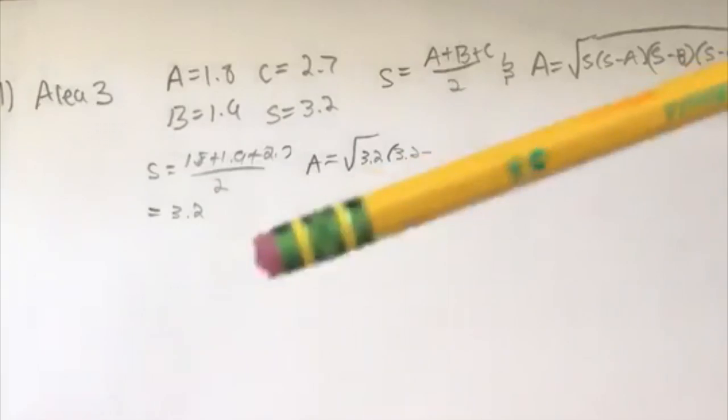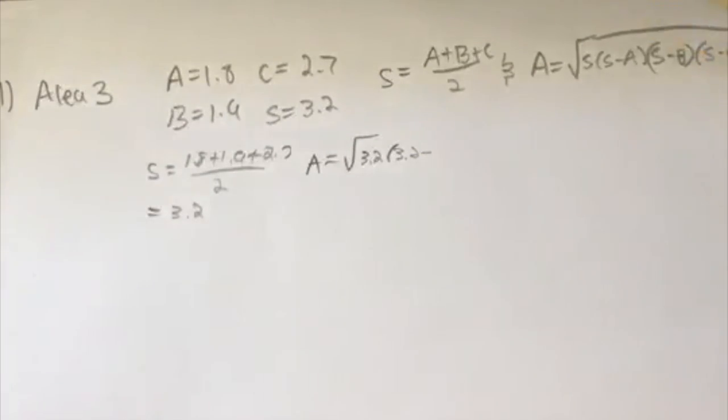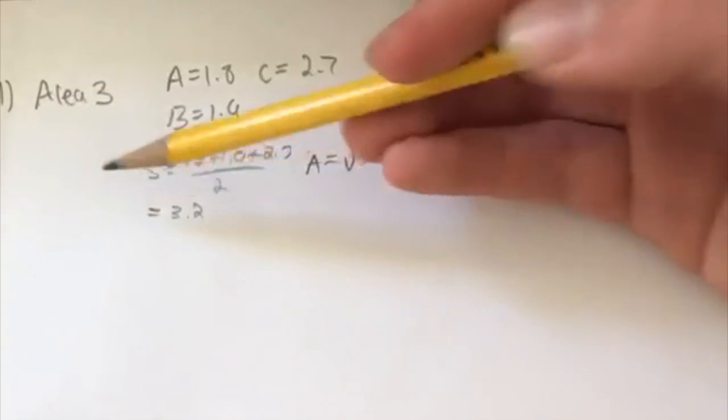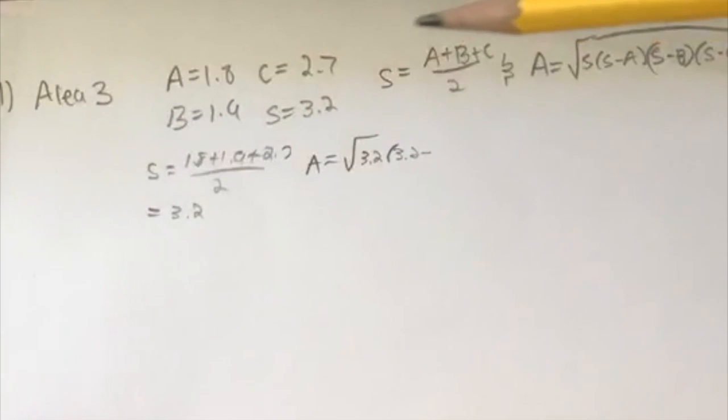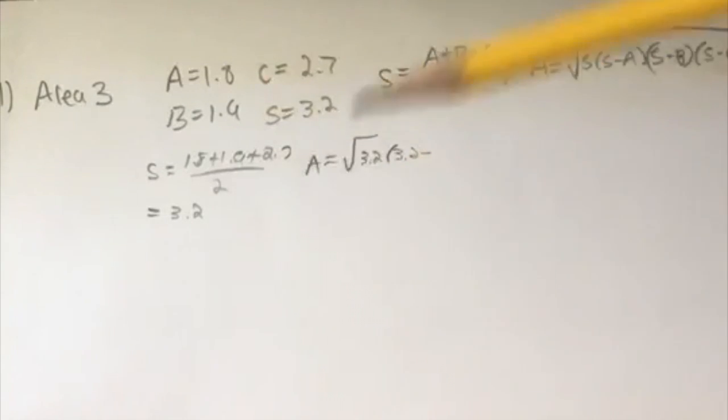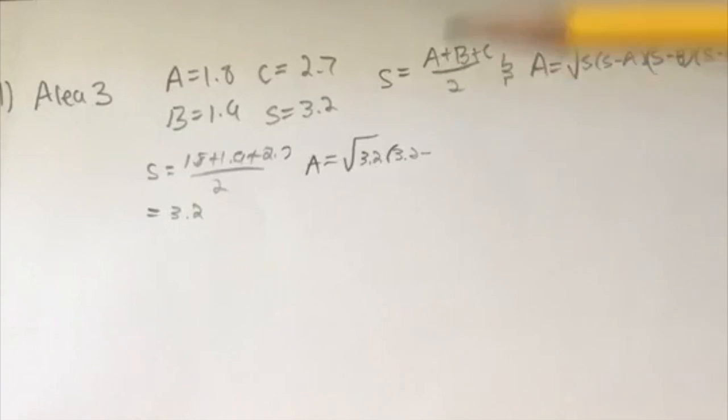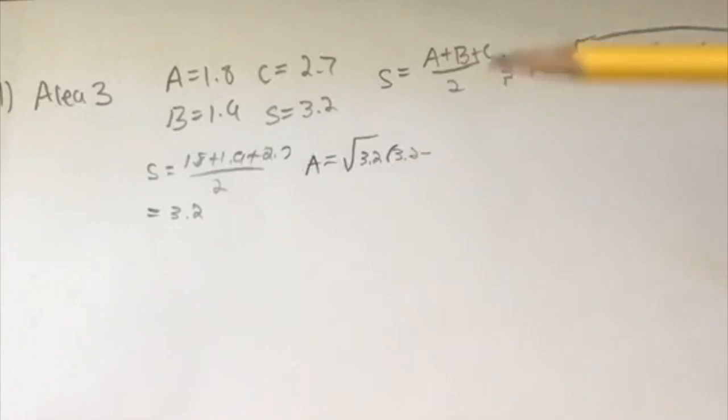Okay, so my last video got cut off, but where we were was we were finding the area of the second triangle technically. The equation that we are going to use is Heron's theorem, and Heron's theorem states that S equals A plus B plus C divided by 2.